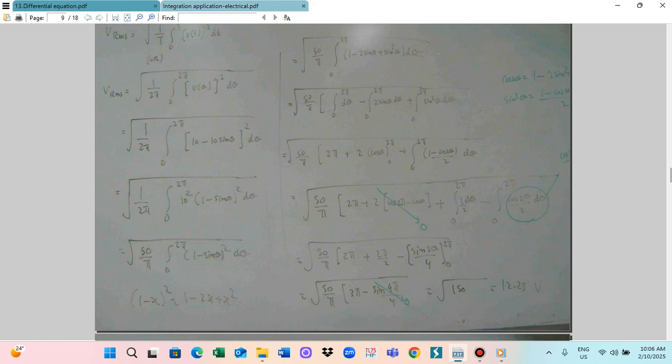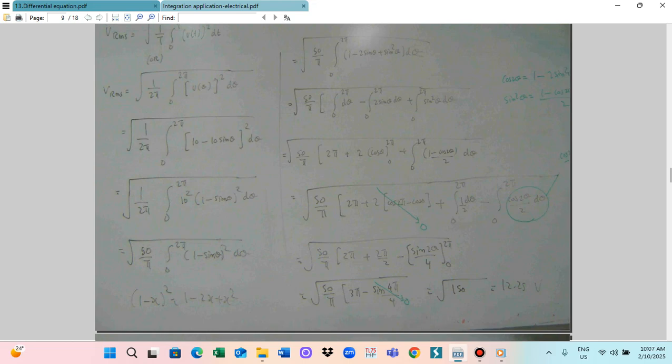So square root of 50 by pi, integration 0 to 2 pi, 1 minus sin theta square d theta. So this one we separate. 1 minus sin theta square is 1 minus 2 sin theta plus sin square theta, so this becomes integration 0 to 2 pi of 1 minus 2 sin theta plus sin square theta into d theta.